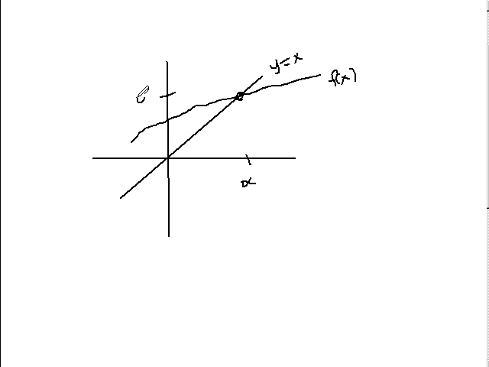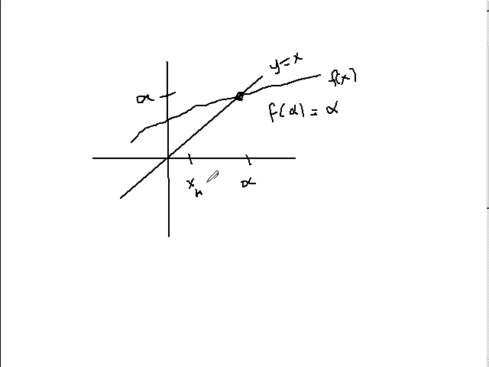Where f of x crosses y equals x, what's true? The y value is alpha, the x value is alpha, so this is a possible fixed point candidate. Where it crosses this line, I obviously have f of alpha equals alpha.